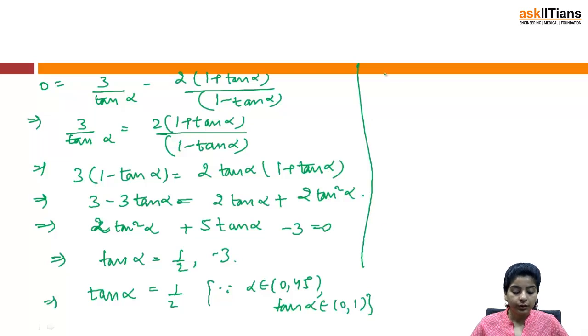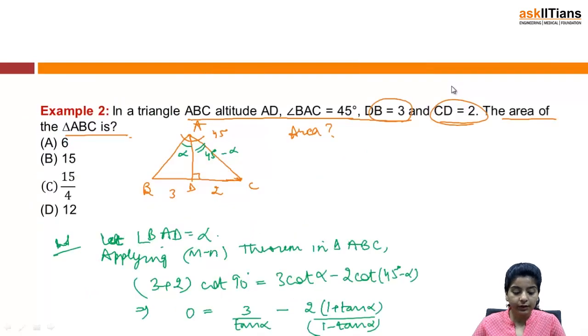Now in triangle ABD, this is the triangle that we are talking about, ABD, right? In this triangle, this is my 90 degrees.